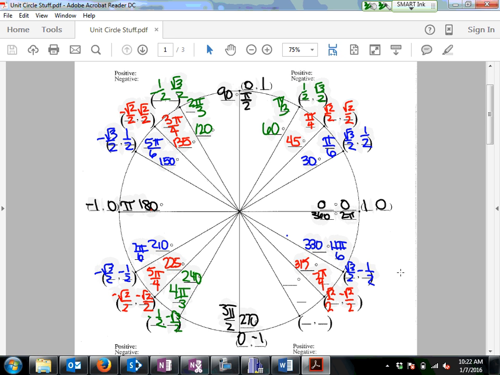And our last coordinate. We are 60 degrees away from 360. 300 degrees. Pi over 3 away from 2 pi. What's our radian measure?